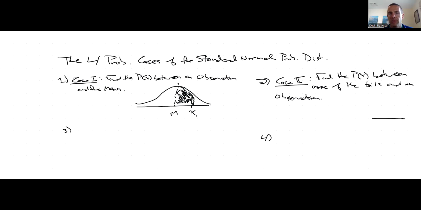Okay, so we have to find the probability between one of the tails and an observation. So in other words, if this is our average and this is our observation, x1, we need to find the probability between one of the tails. This is one of the tails out here, right? This is a tail and an observation.